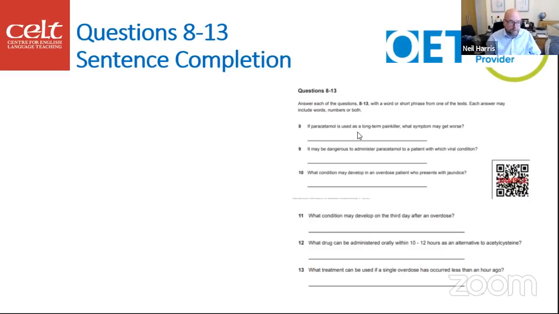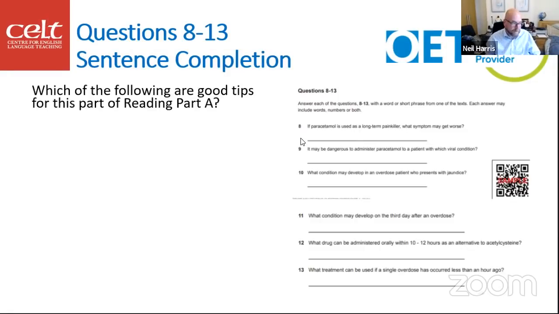So one more thing that we can do, once we've identified what kind of answer we're looking for, is think a little bit about word class. Let me explain what I mean. Word class means things like noun, verb, adjective. So if we look at question 8, if paracetamol is used as a long-term painkiller, what symptom may get worse?